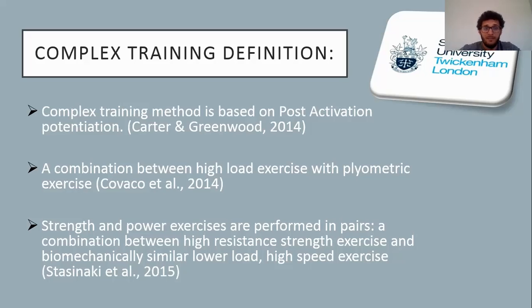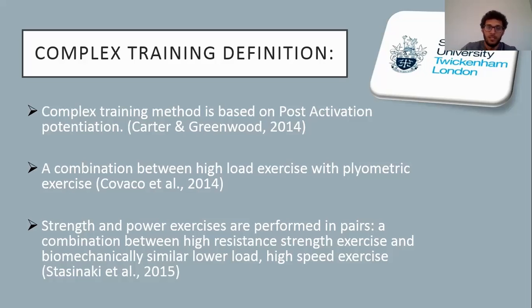So complex training as a definition: Kobako et al. 2014 described it as a combination of high load exercise with plyometric exercise. Stasinaki et al. 2015 defined complex training as a combination of high resistance strength exercise and a biomechanically similar lower load, high speed exercise.